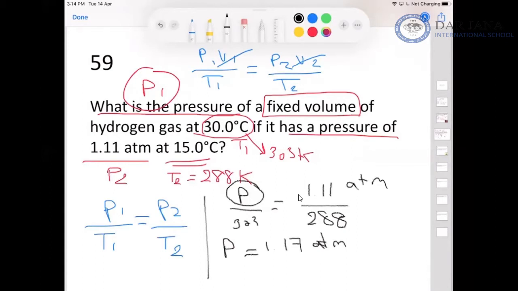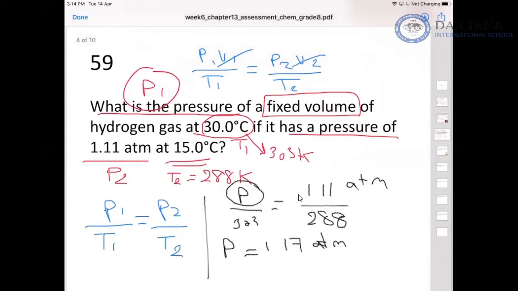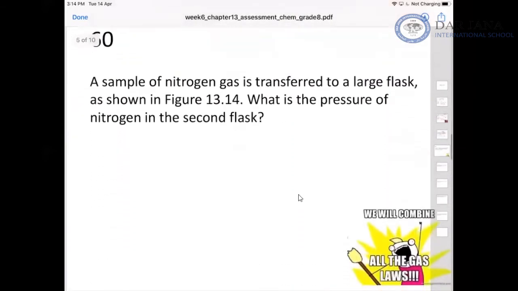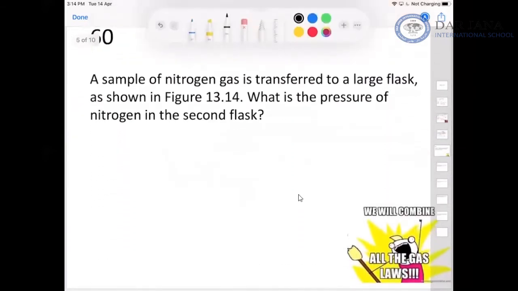Now let's move to the second exercise. Number 60. A sample of nitrogen gas is transferred into a large flask as shown in figure 13.14. Now figure 13.14 is in your book, page 468. You already have the pages for the chapter assessment, but I will write the conditions that are mentioned in the figure.